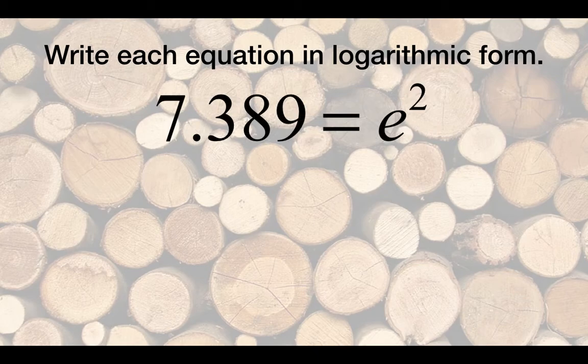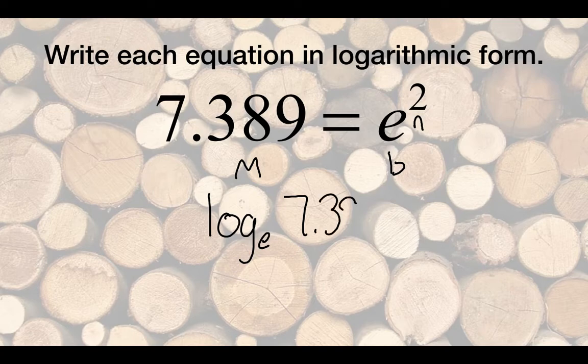Alright, here's our last one. Oh, look, it's our buddy e that we talked about last class. So that's our base. So we would write log base e of 7.389 equals 2.